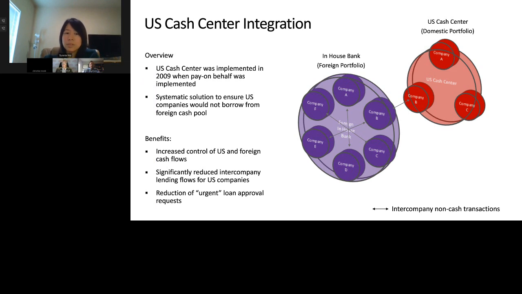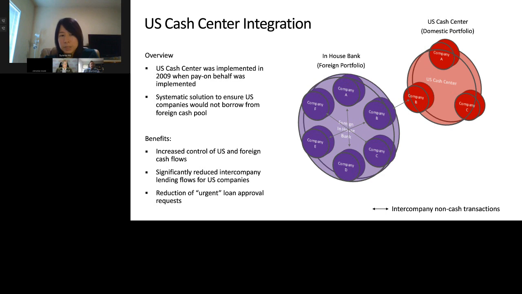We mentioned that for US entities, we can only lend but cannot borrow from the in-house cash center, and we have the intercompany settlement occur under the in-house cash center. So what happens when a US entity doesn't have sufficient funds in their in-house cash center but needs to make payments?